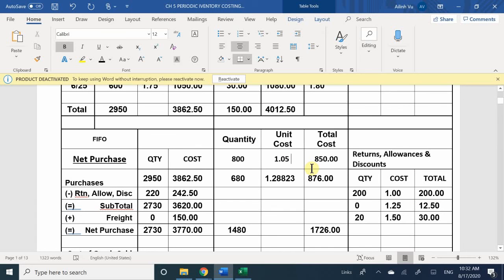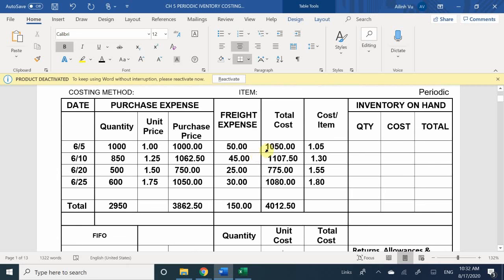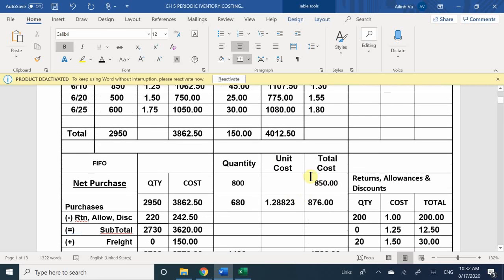There's no purpose to recalculate. That's an extra step if you want to do it. But we're using the whole batch. So we can safely assume that the whole batch of this is going to be 88.50, because previously it was 10.50, but we already subtracted the 200 out. We're going to take the whole batch, so there's no point to have to recalculate a cost per item.